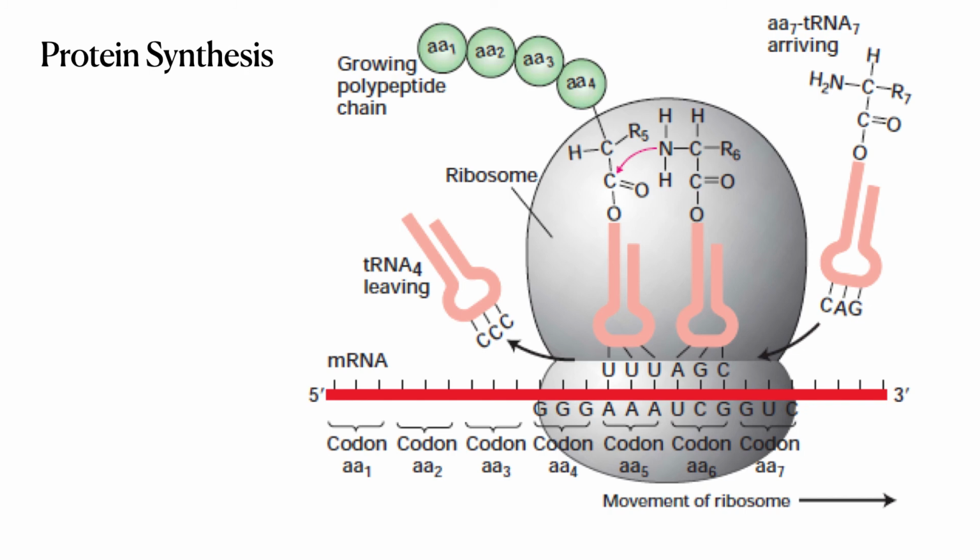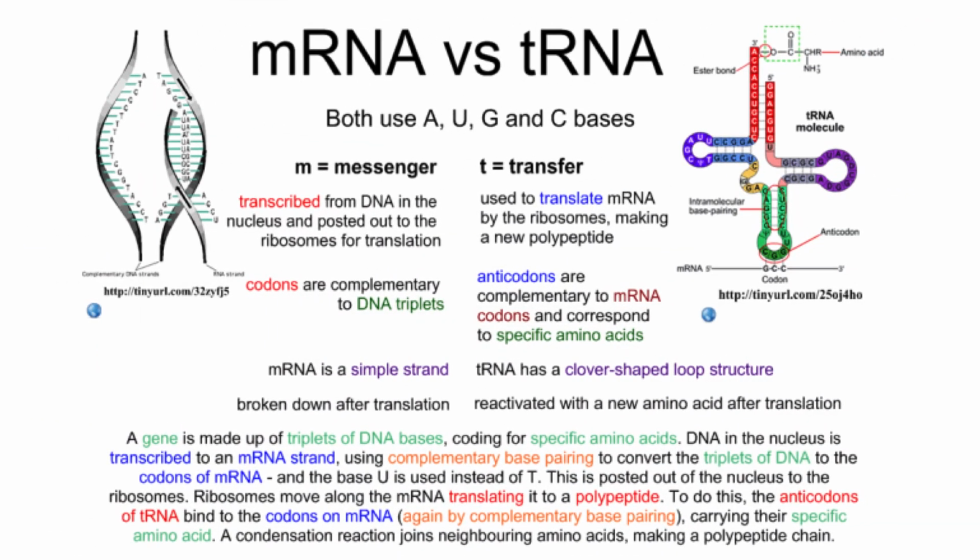You can see the anticodon, the transfer RNA coming in with the correct amino acid that was coded for, and then you can see stringing off the top left of the ribosome, you can see the growing peptide chain forming as these peptide bonds are formed between the amino acids. mRNA and tRNA, transfer RNA, they are single strands and they have their own special characteristics that I referenced. So this slide really just kind of summarizes that for you.